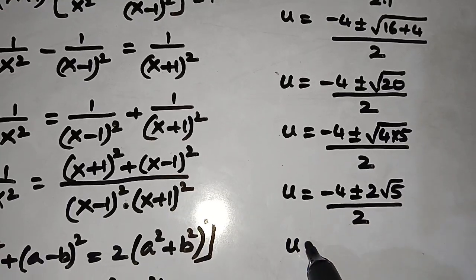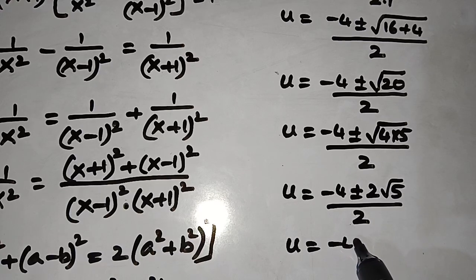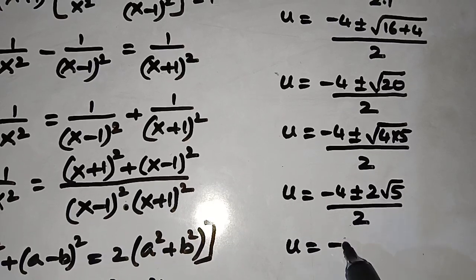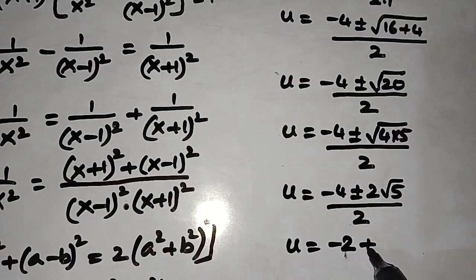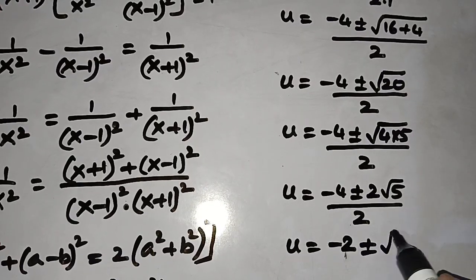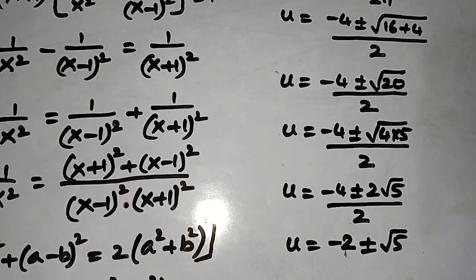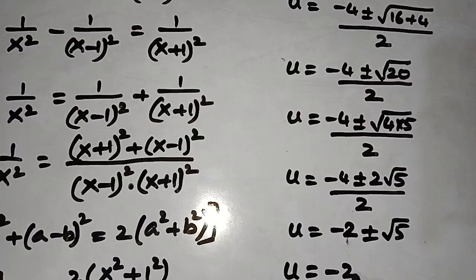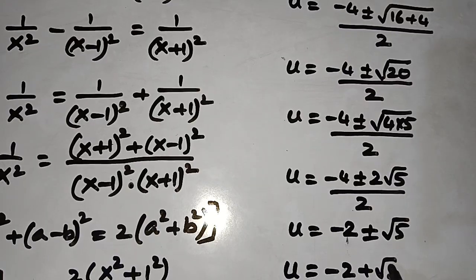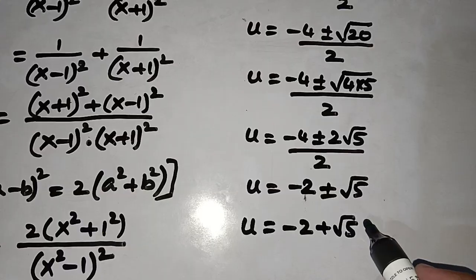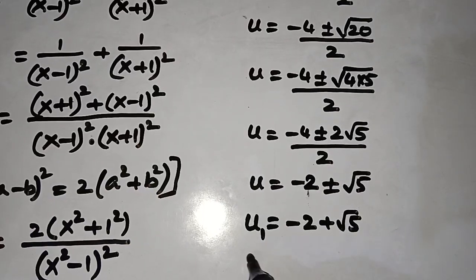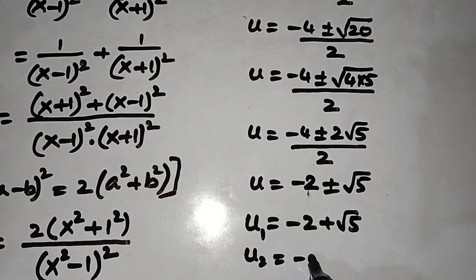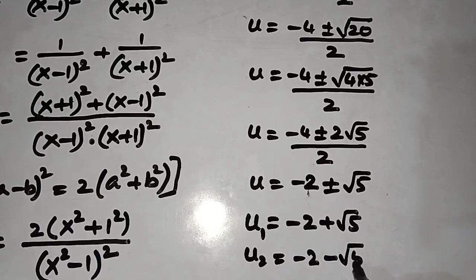So u is equal to minus 4 by 2 is minus 2 plus or minus 2 you can cancel, we have root 5. So u is equal to minus 2 plus or minus root 5. So two values we have, u1 is equal to minus 2 plus root 5, and u2 is the value minus 2 minus root 5.